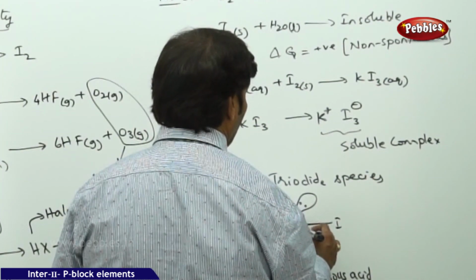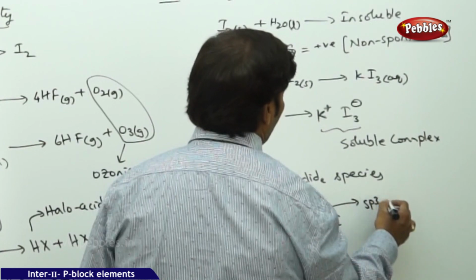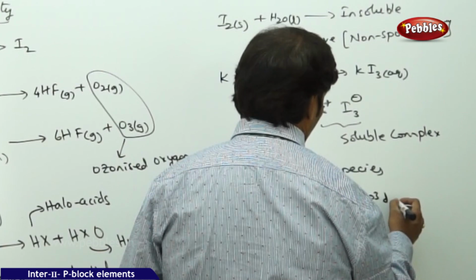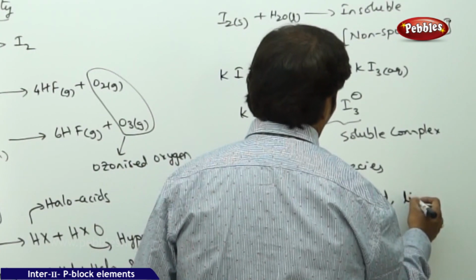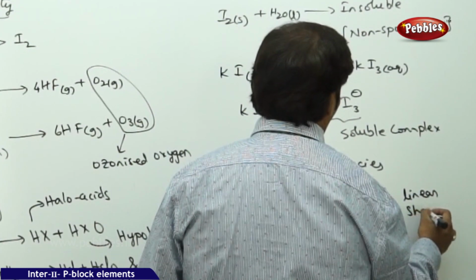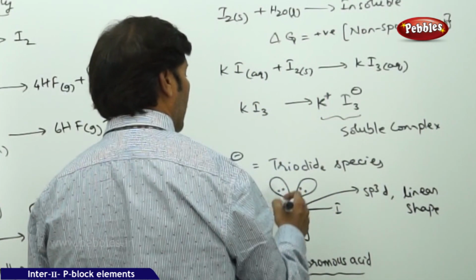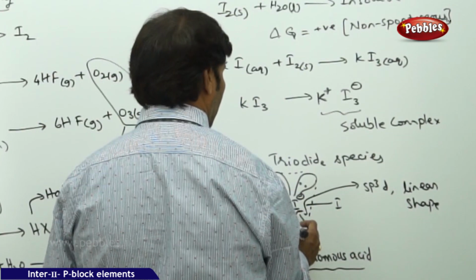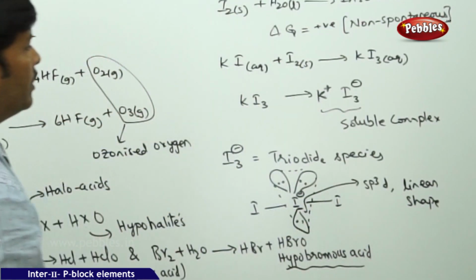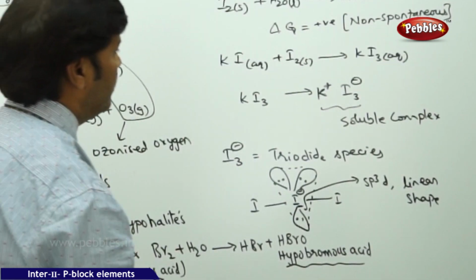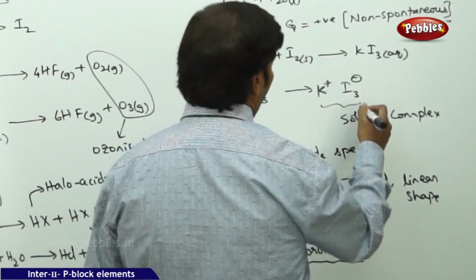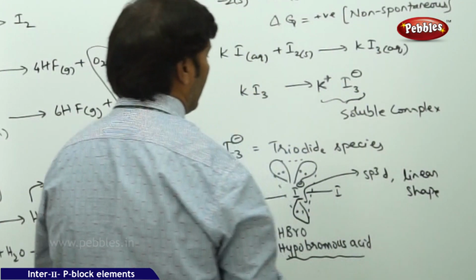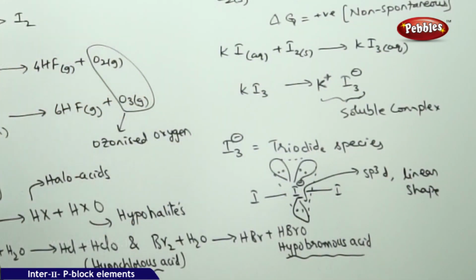The 3 lone pairs occupy the equatorial plane, and the shape of the molecule becomes linear. So this is the structure of the I3- ion, and in that way we can increase the solubility of iodine as the KI3 salt.